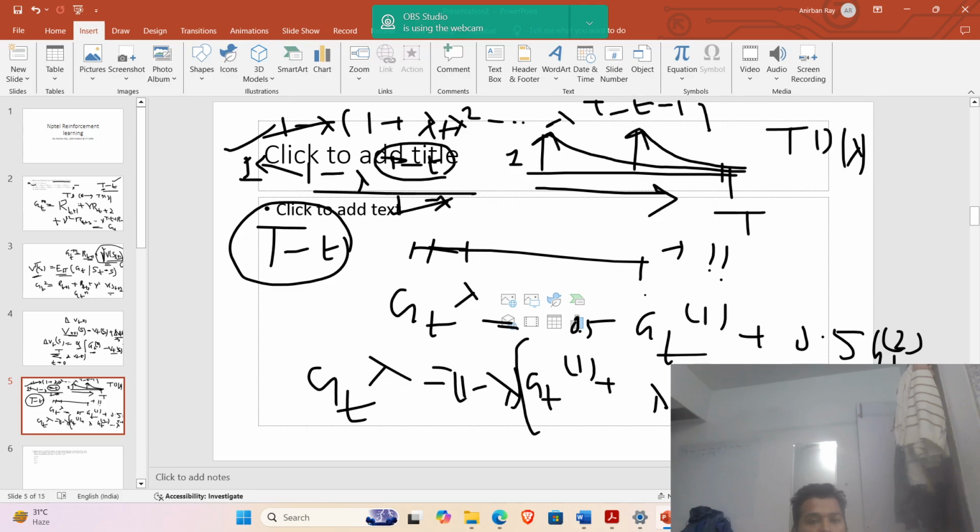For the whole process, this goes to 1, but if you truncate it to capital T minus small t for a finite number of steps, it may not go to 1. So you add this lambda to the power T minus t minus 1 G_t.